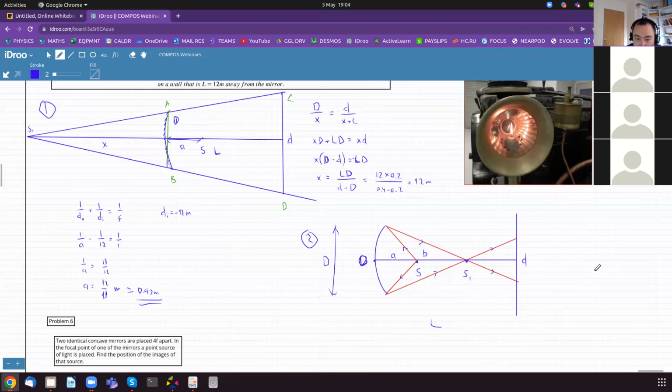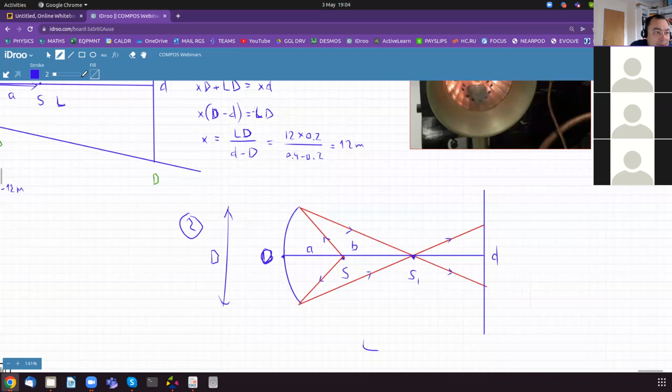The triangles are similar, so this is L minus B, this is B. So D small divided by L minus B has to be the same as D capital divided by B.